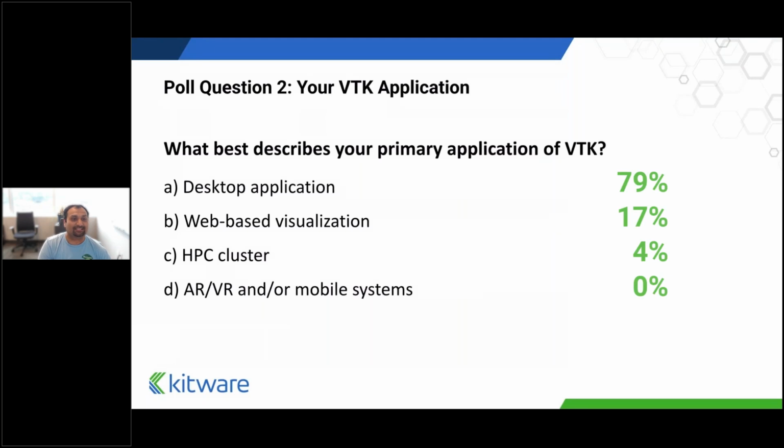So it seems like right from the get-go, most of the applications are for desktops. The web is soon increasing. And that's where a lot of effort is now going into making our graphics API or the rendering side of things more portable, so that you write code once for the desktop side, and that can then be easily ported via WebAssembly to your web browser applications.